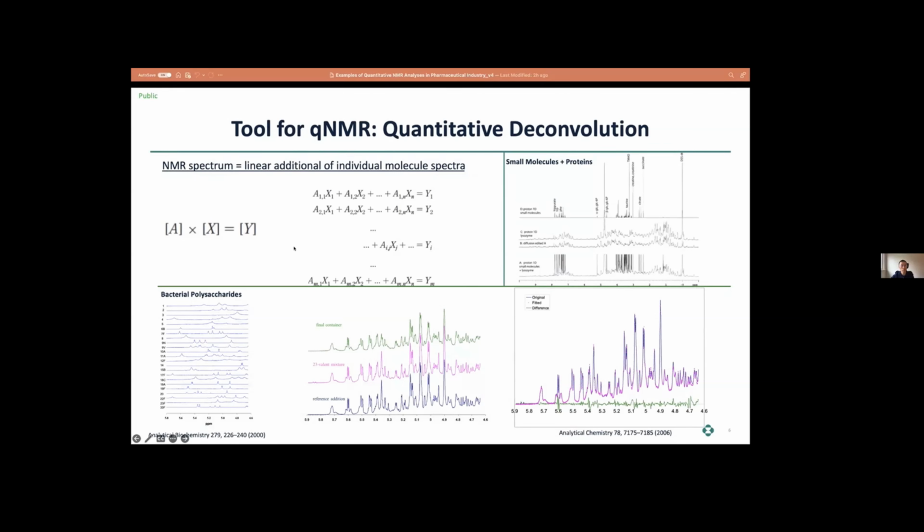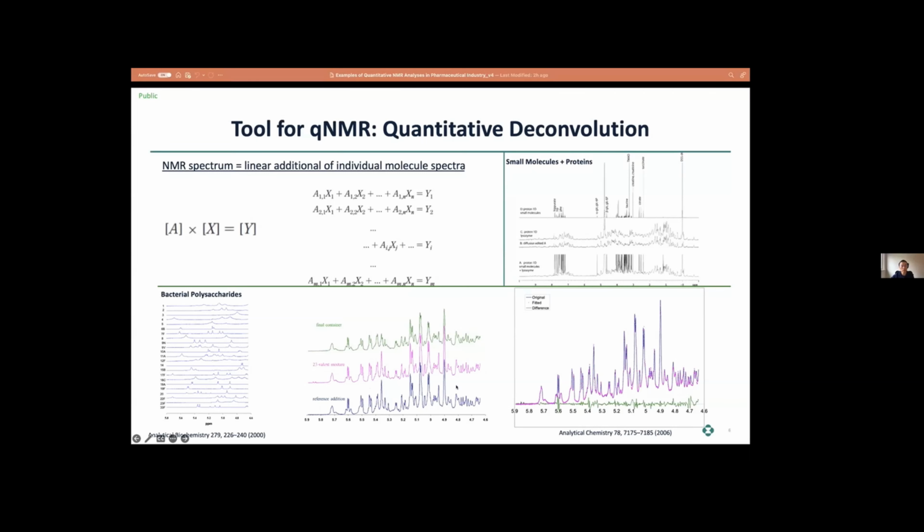So we also explore the opportunity of using linear deconvolution methods to deconvolute the overlapping components. Illustrated on the lower left side are bacterial polysaccharides. For example, in our vaccine there are 23 different serotypes. If you overlap all those signals, that's what it looks like in this middle section, either by combining the containers or mixing the 23 different components, or we can also simulate using the individual reference standards and then add them together.